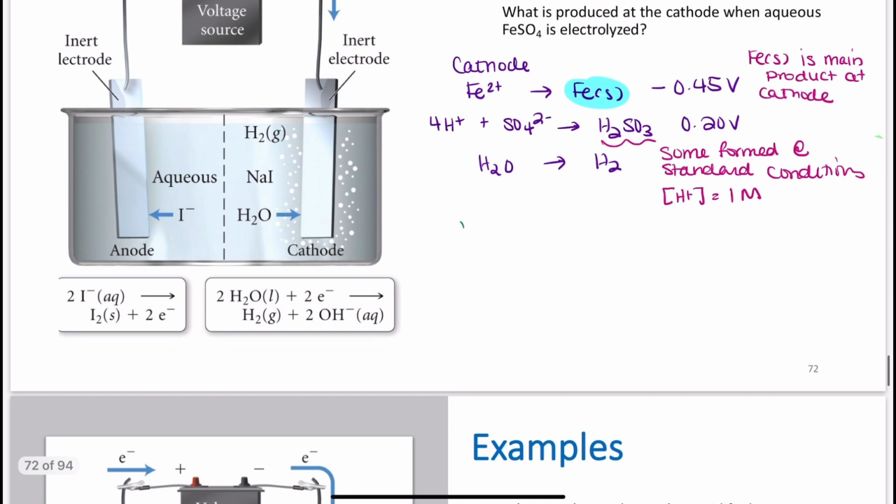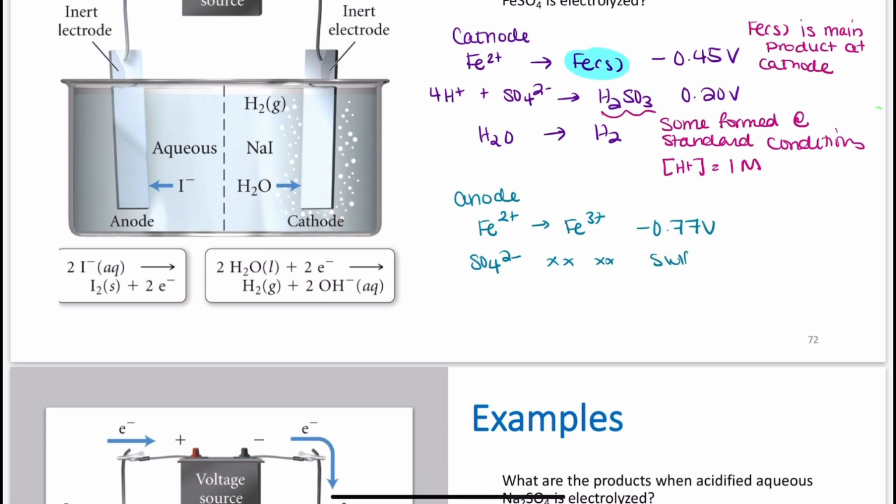At your anode, you can have Fe2+ going to Fe3+. Don't forget that one. 0.77 volts. SO4 2- can't do anything. The sulfur, let's just write S, I apologize, is in +6 oxidation state already. Can't go any further.